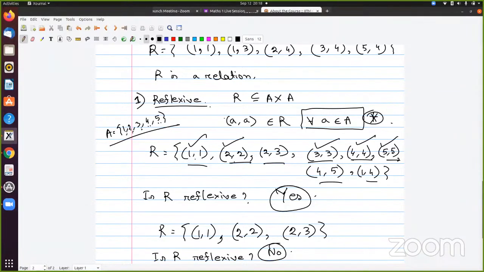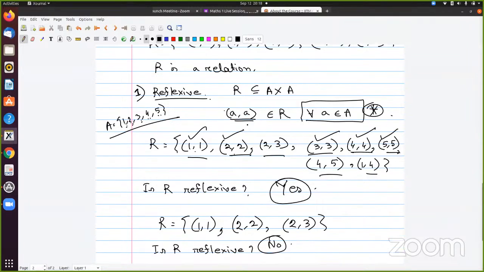An A comma A pair, he is calling that identity, meaning both should be the same. All such pairs should be there. So the reflexive relation is clear to everyone?